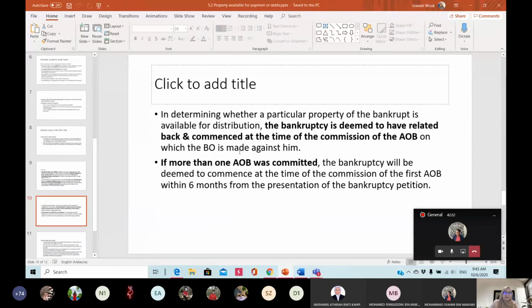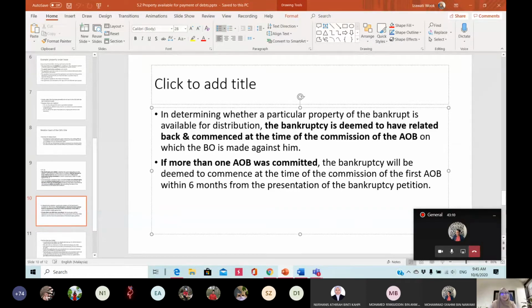Okay, in determining whether a particular property of the bankrupt is available for distribution, the bankruptcy is deemed to have related back and commenced at the time of the commission of the AOB, Act of Bankruptcy, on which the bankruptcy order is made against him.